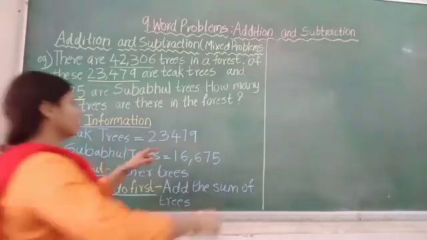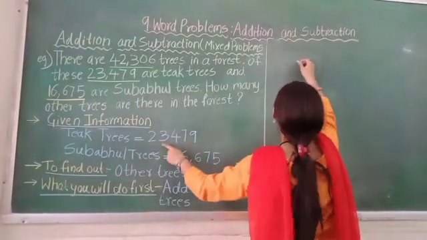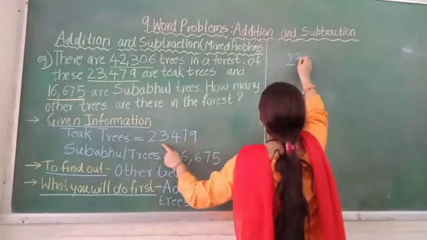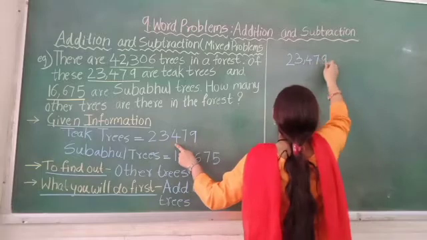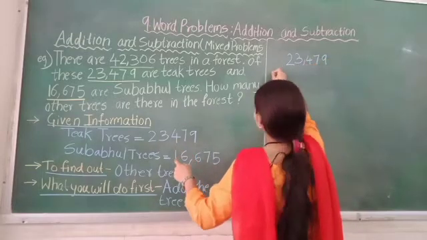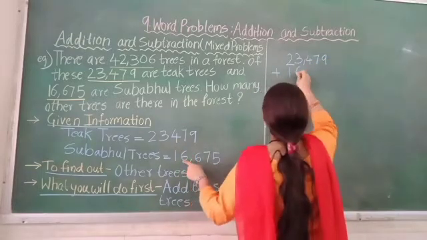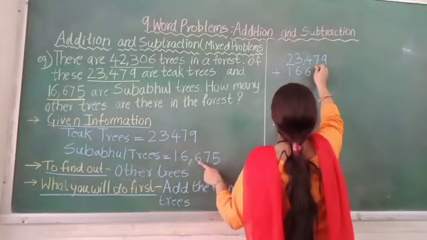So how will we do it? First we will add 23,479 plus 16,675.